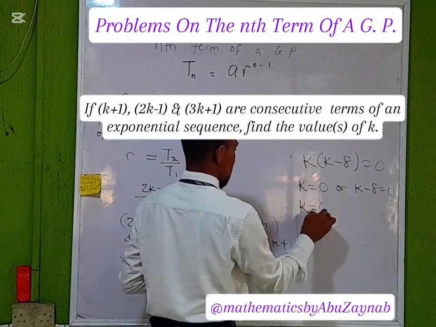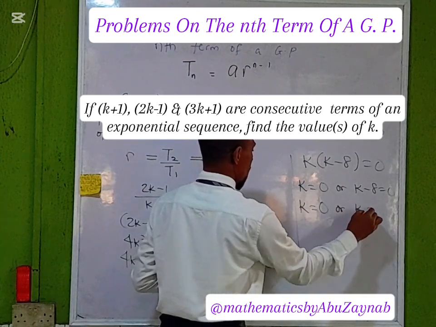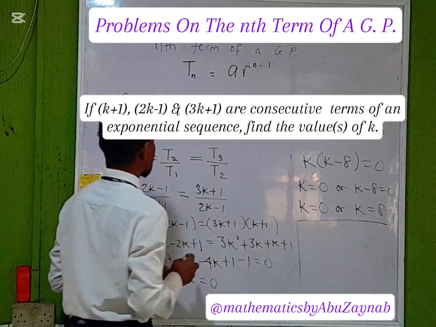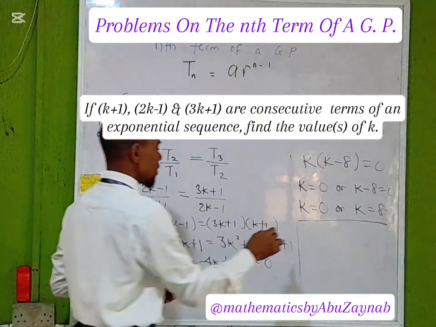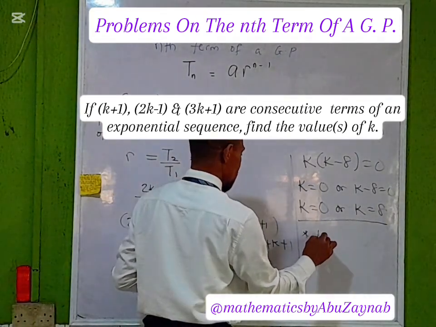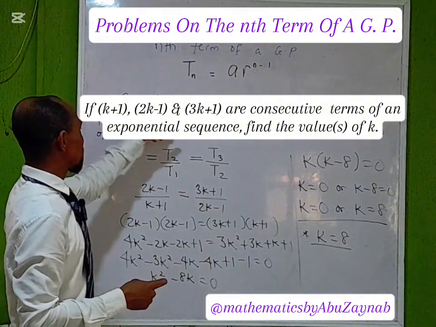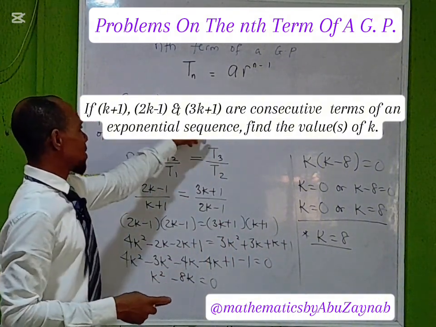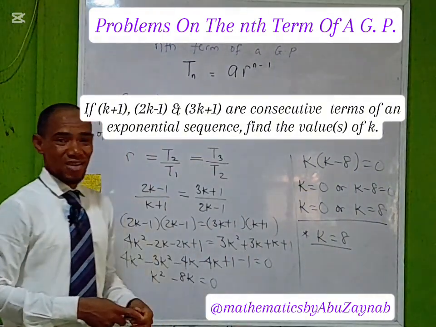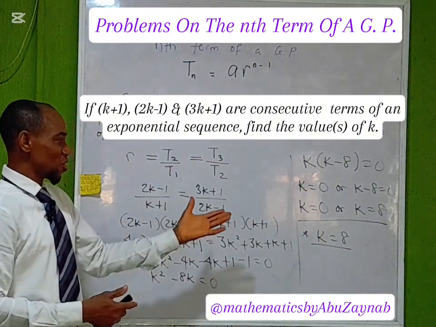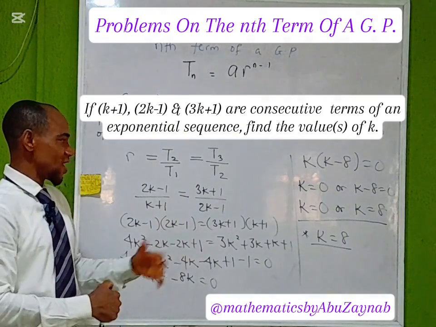Therefore, k can assume the value of 0 or the value of plus 8. However, realistically, in conclusion, we say k is actually 8, because if we insert 0 in the question, we're going to simply have 1, minus 1 and 1, which is not actually a geometric progression. So the value that makes sense realistically is k equals 8.